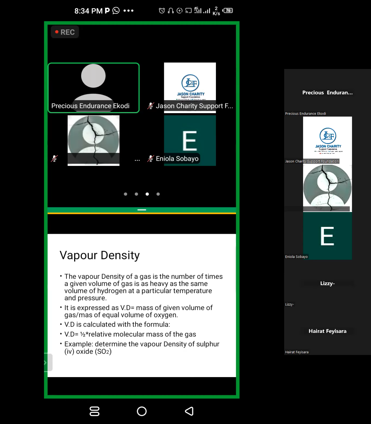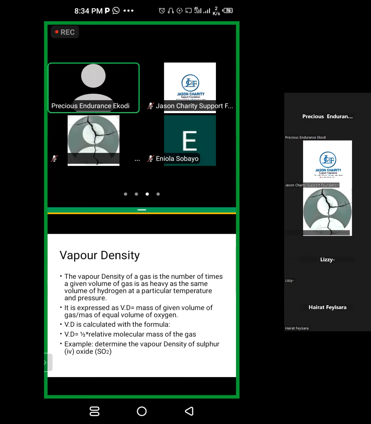No matter what the gas is, as long as you know the relative molecular mass or the molar mass of that gas, just divide it by 2. So let's say, for example, we are talking about oxygen gas. The atomic mass of oxygen is 16, and oxygen is diatomic, meaning it exists as 2 atoms.